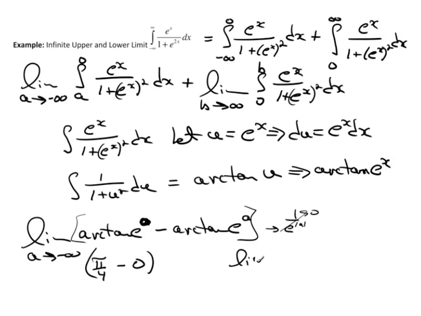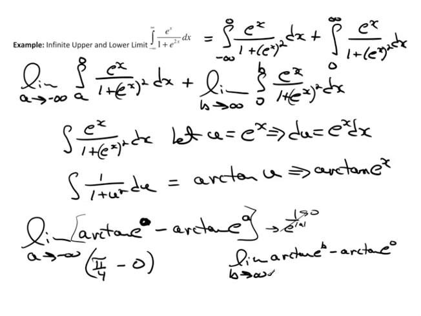The second piece, I'm kind of running out of room here, so I'm going to stick it down here. I need the limit as b goes to infinity of arctan of e to the b minus arctan of e to the 0.